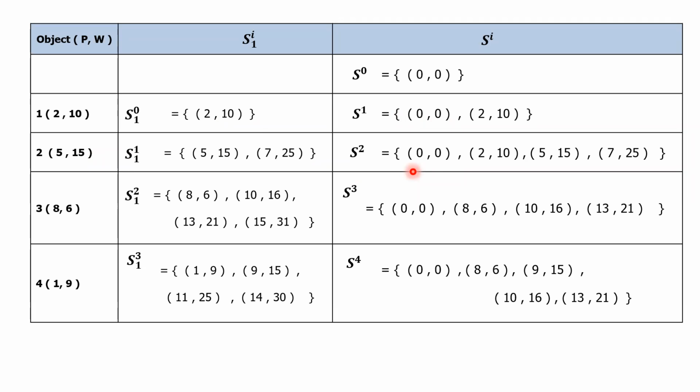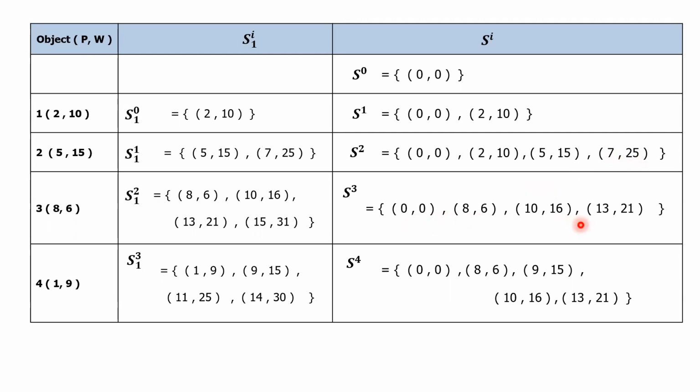Or the second possible state, item 1 is included, item 2 is not included. Then third possibility, item 1 is not included, item 2 is included. Then last possibility, both item 1 and item 2 are included in the bag. So this is the current profit of the bag and this is the current weight of the bag.